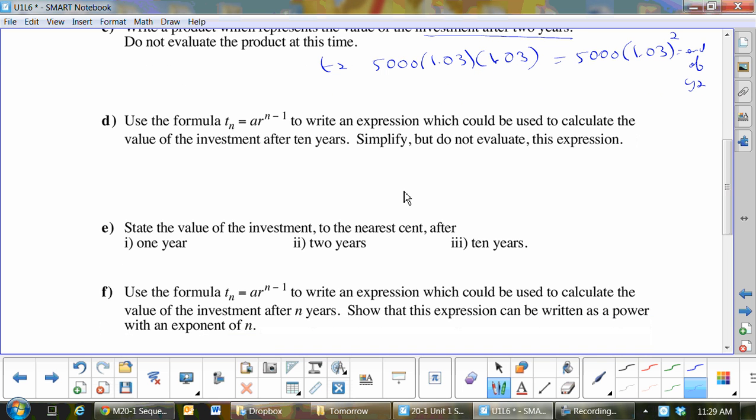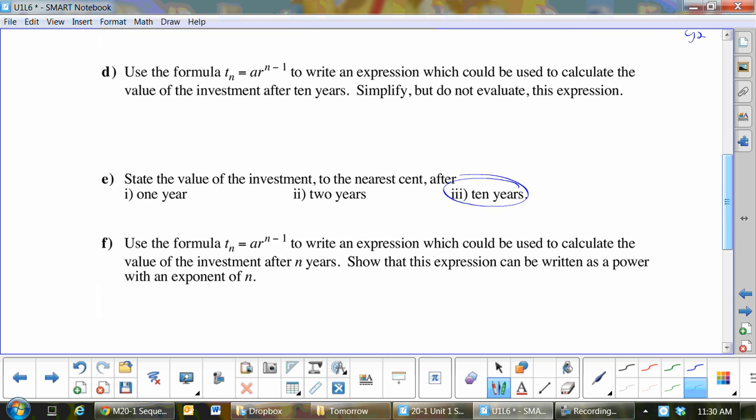So when you want the end of, let's say, 10 years, how much money you have, you'd be looking for T10, which is 5,000 times 1.03 to the 10. Isn't this kind of different from before? But one thing about financial institutions and the compound interest formula is that the exponent is actually always the year.